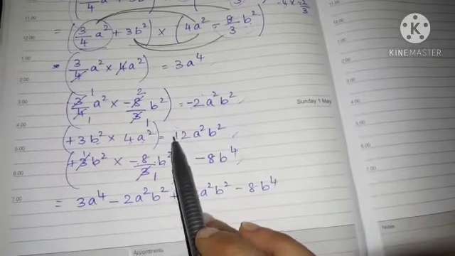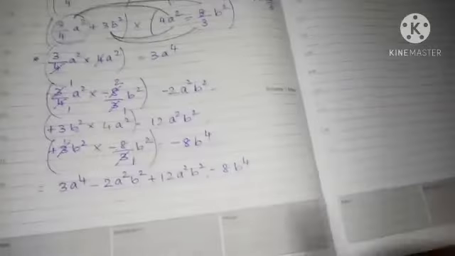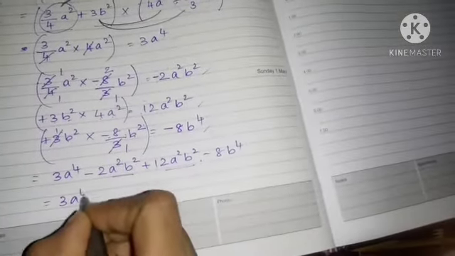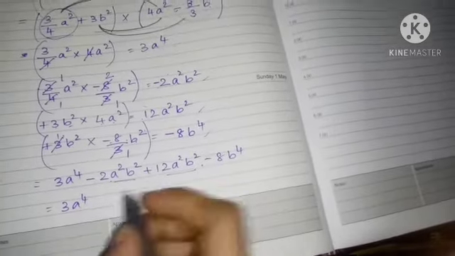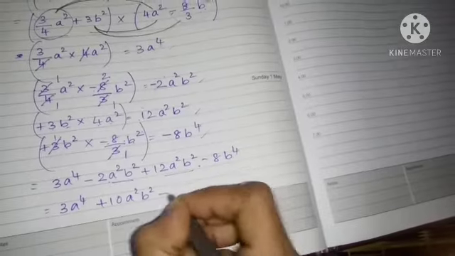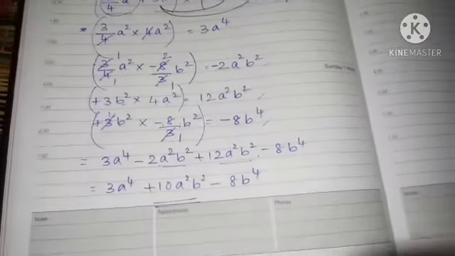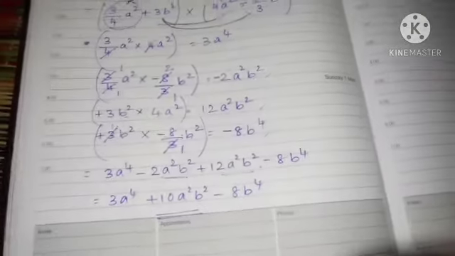Nothing is there, so plus 12a square b square minus 8b power 4. Now these two are like terms, correct? Now 3a power 4, minus 2 plus 12 is plus 10a square b square, minus 8b power 4. Everything are unlike terms, so we have found the answer. Okay, this is your 6th problem.